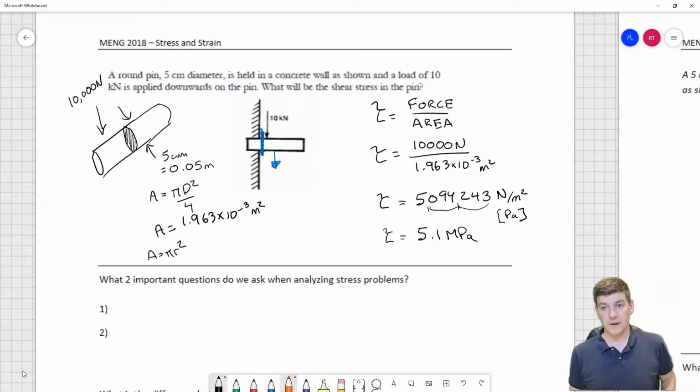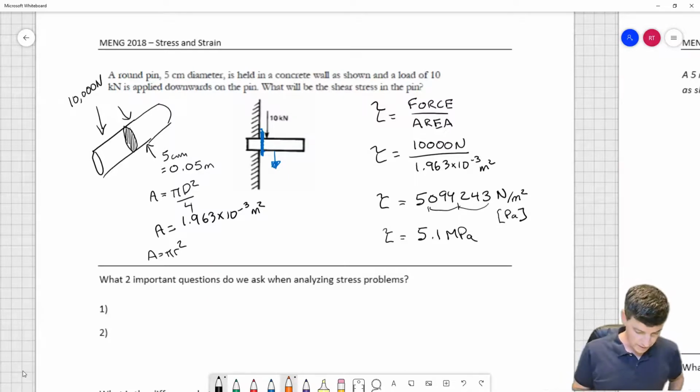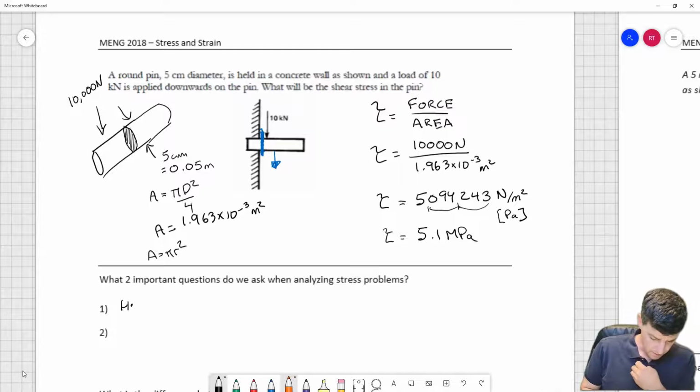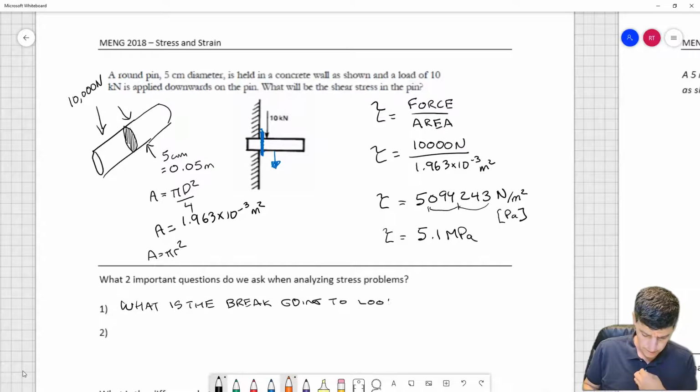And if we figure out what that break is going to look like, what we want to ask ourselves is, number one, what is the break going to look like? Really, what was the new area created?